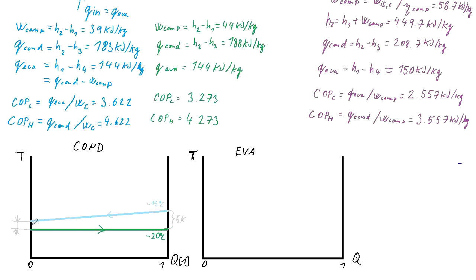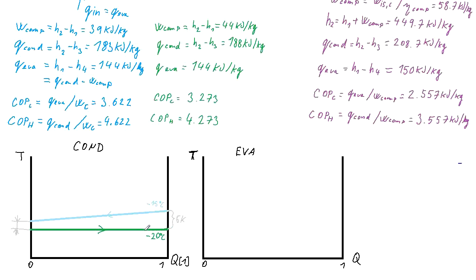So we should actually recalculate the cycle, where we say what is the decrease in the cooling in the air temperature in the condenser, and based on that we should move the evaporation pressure and the evaporation temperature lower.